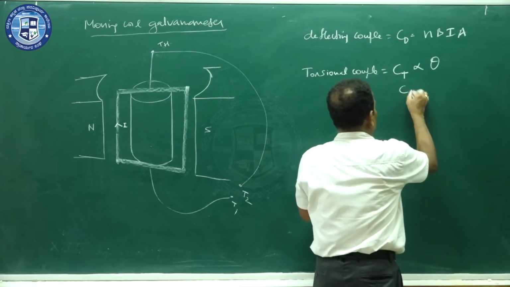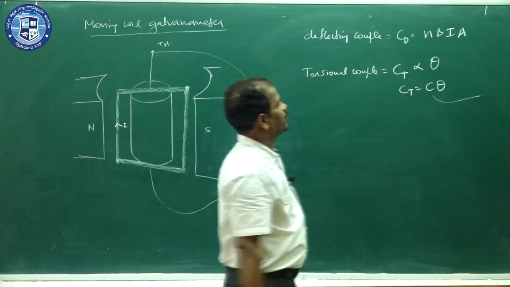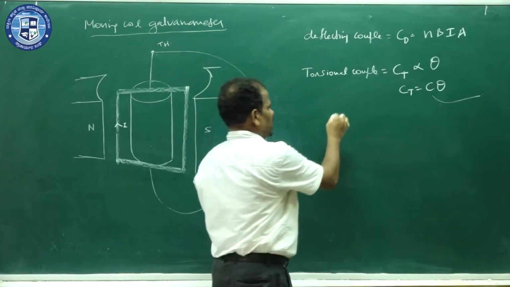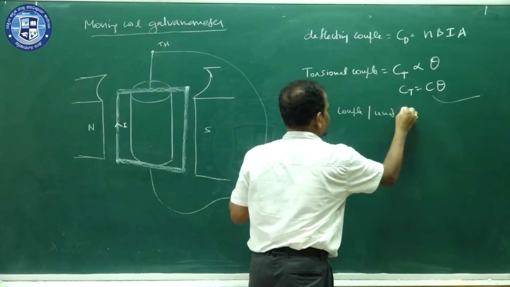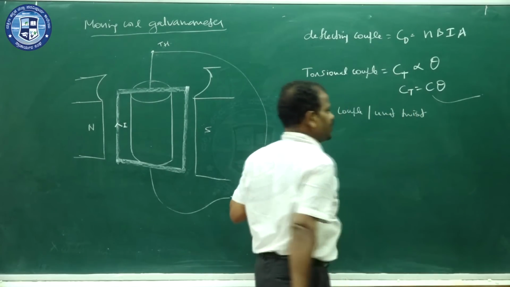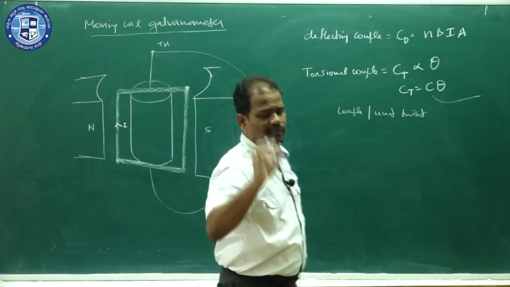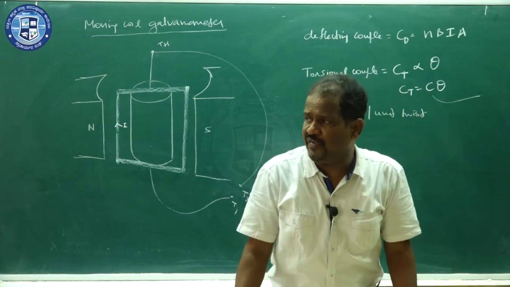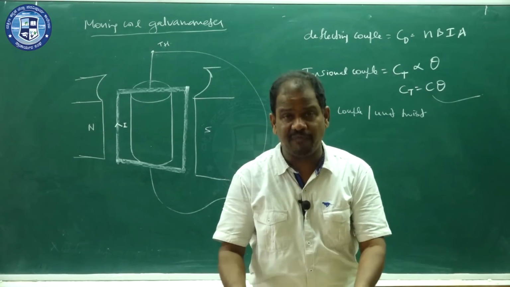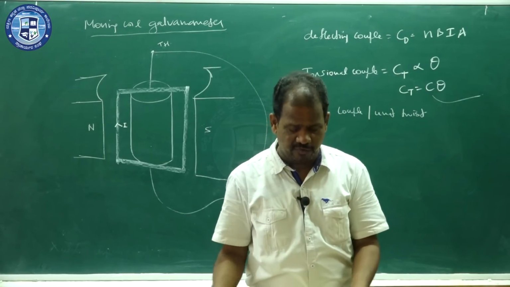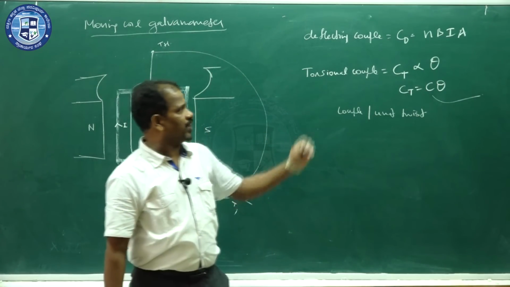Therefore, CT is equal to C into theta, where C is called the couple per unit twist of the suspension wire, which is a constant for a given wire. It will vary from material to material, from wire to wire, but for a given wire it is a constant. So now there are two couples.